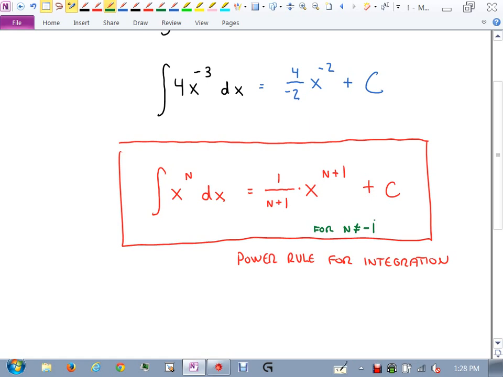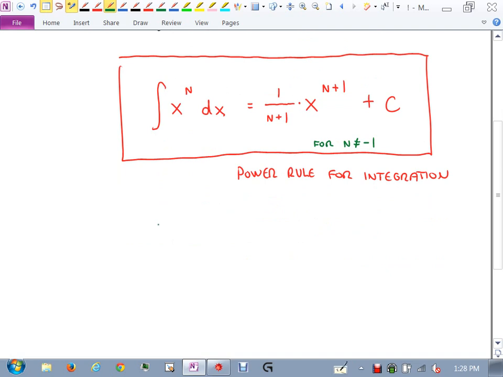So let's talk about what would happen if n was -1. What if you had the integral of x to the -1 dx? Somebody tell me what x to the -1 really is. I mean, another way I can write that. 1 over x. Right? Can anybody tell me what you take the derivative of to get 1 over x? Natural log. The natural log of x, right?